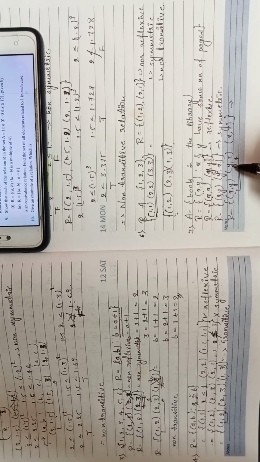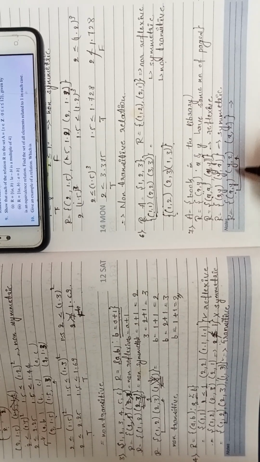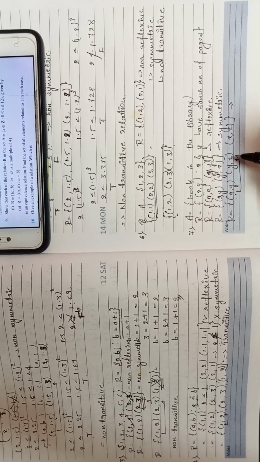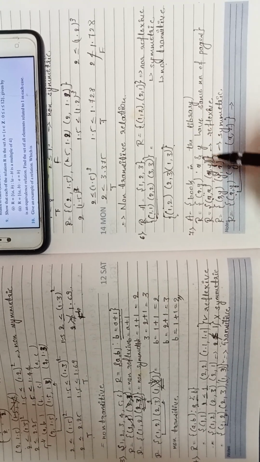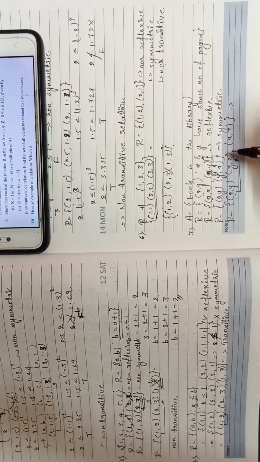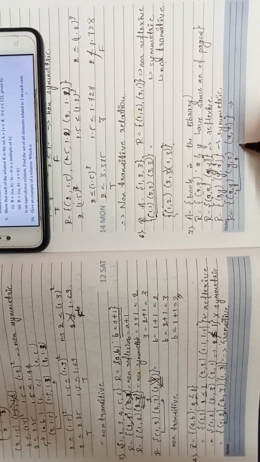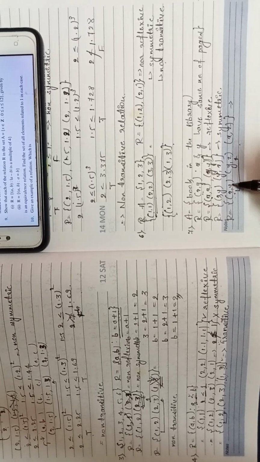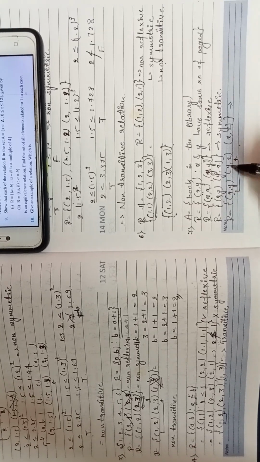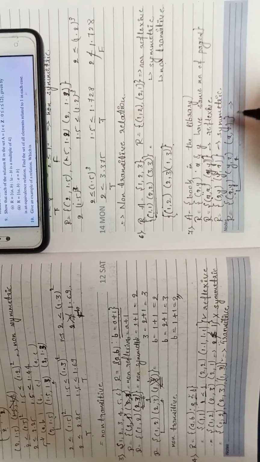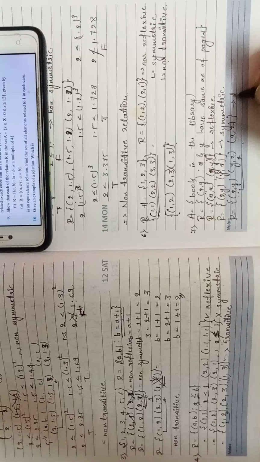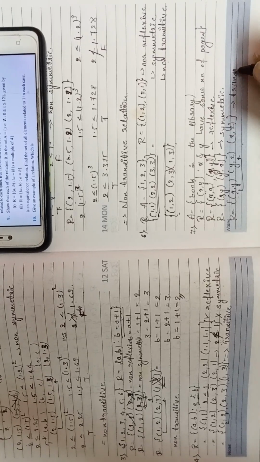If y is having same number of pages and z will be having same number of pages. So if I take x, y, z are the three books in the library, and x, y, z all three books is having equal number of pages. So I can definitely define this relation. x and y will be having same number of pages and y and z will be having same number of pages and x and z will be having same number of pages. So I can define this relation as transitive relation.